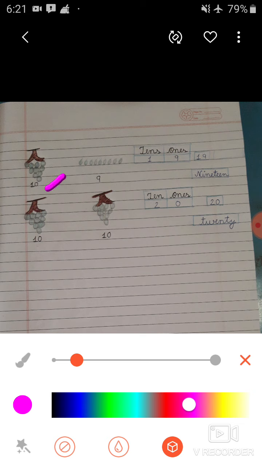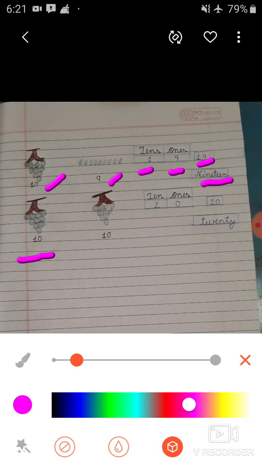Then you have to draw 9 more grapes to get the number 19. To write 19, we put 9 in the ones place and 1 in the tens place. The number name for 19 is NINETEEN, 19.